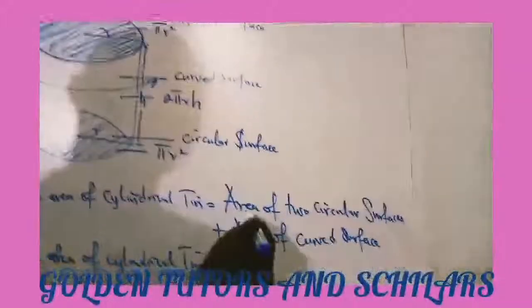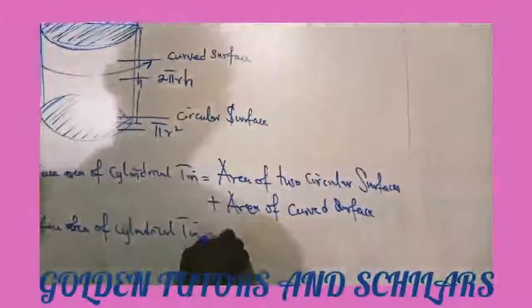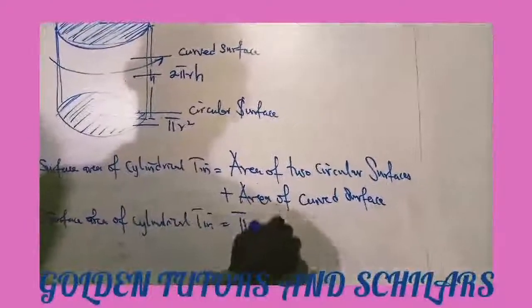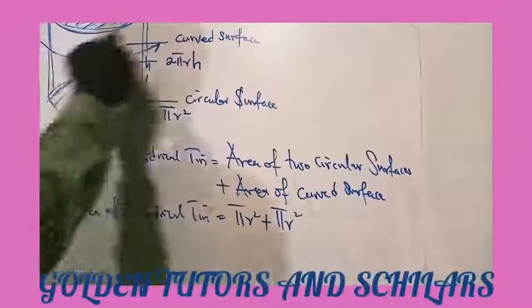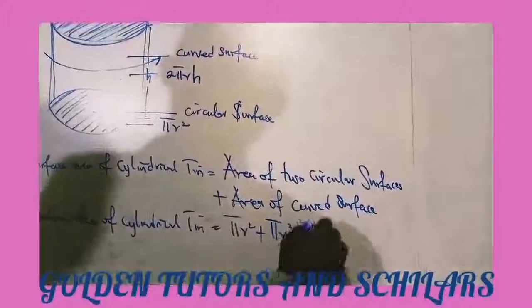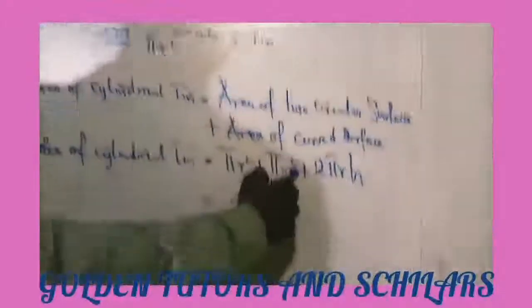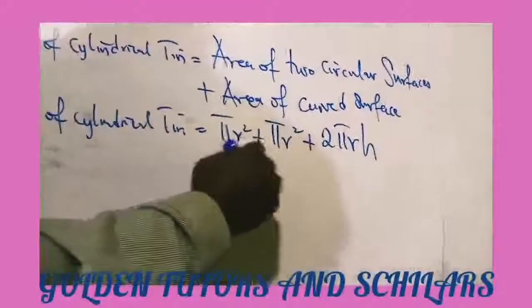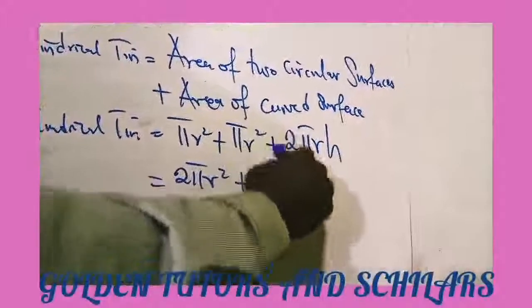This is going to give us the area of two circular surfaces, which is pi r squared plus pi r squared, plus the area of the curved surface, 2 pi r h. Pi r squared plus pi r squared will give us 2 pi r squared plus 2 pi r h.